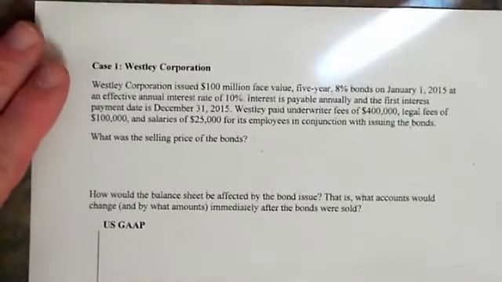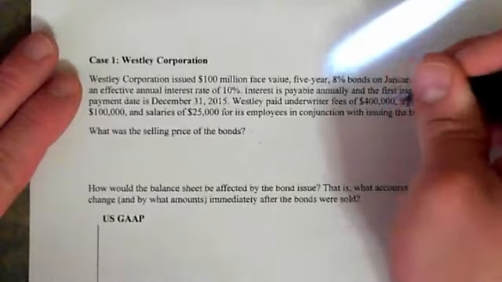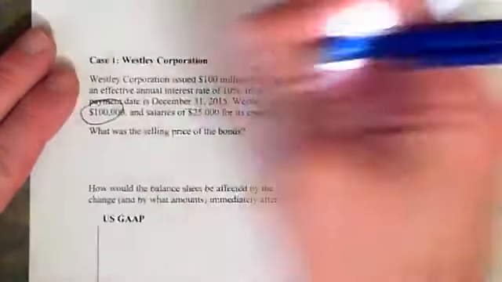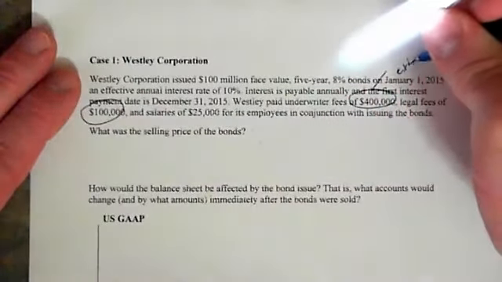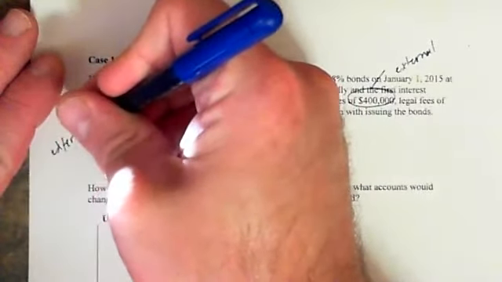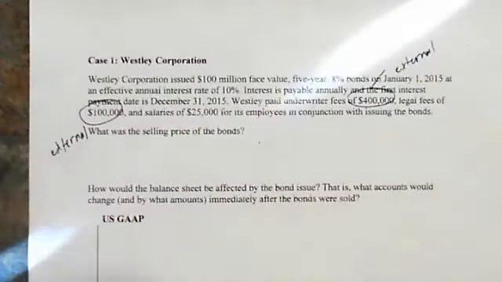So one thing I want to clarify is that the 400,000 and the 100,000 are both external costs. So remember I said external costs are going to be deducted from the amount of cash we get, added to the discount under US GAAP, and then amortized across the life of the bond along with any interest expense.